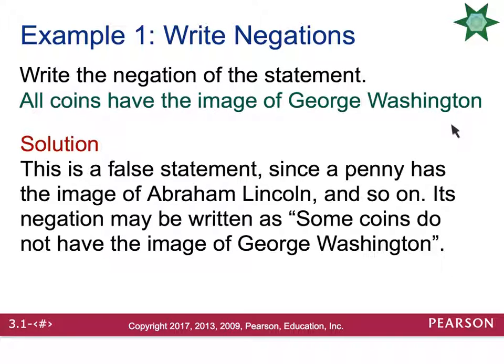Think of a counterexample, like we talked about when we did induction or deduction: all we have to look for is one counterexample to show that something's not always true. So here they're saying that all coins have that image of George Washington. All we have to do is say, no, there's at least one that does not. So we can say some coins do not have the image of George Washington as a negation of this statement.